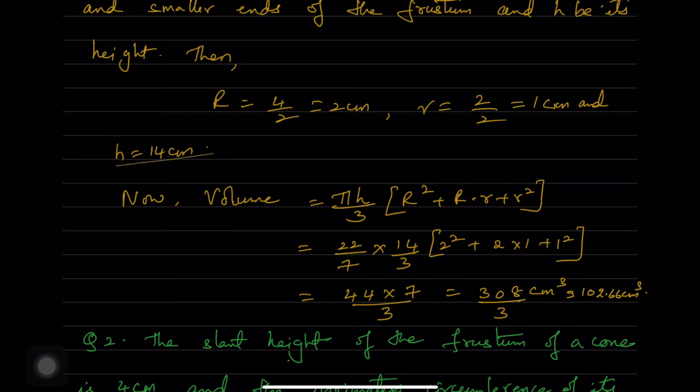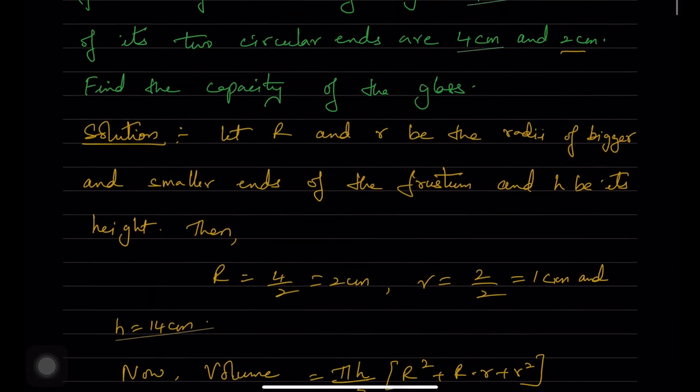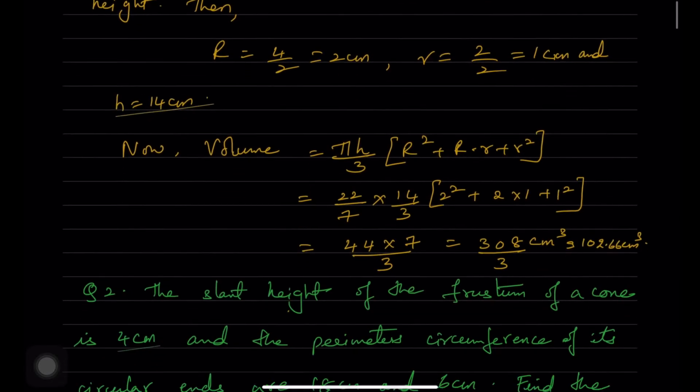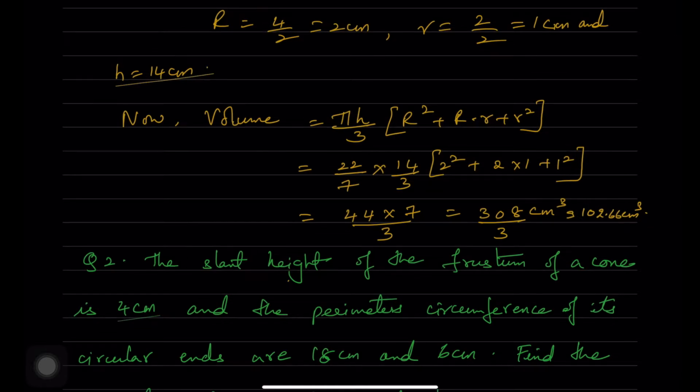So the volume of a frustum is given by pi h by 3, where h is given to us as 14 centimeters. Here capital R is 2 centimeters, small r is 1 centimeter. The formula is pi h by 3 into R square plus capital R into small r plus small r square.